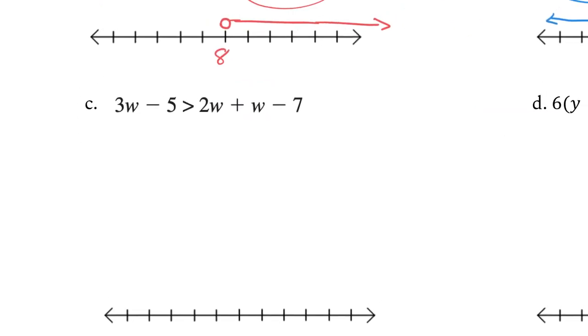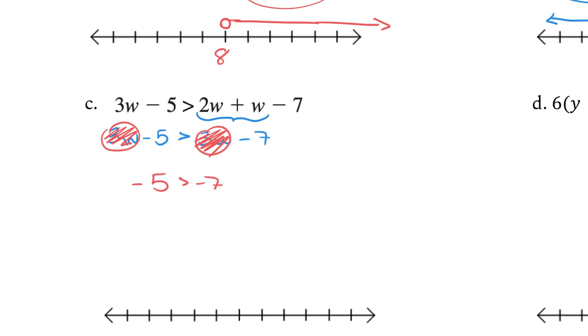Now this one, we can't do anything to the left side, so 3w minus 5, we'll just bring that down, is greater than, well, what's that going to be? That's going to be 3w also, right? Because we got to combine our terms, minus 7. Now, think back to what we did in class. If your variables match, what I suggest doing is just marking them out and just bring down whatever you have left.